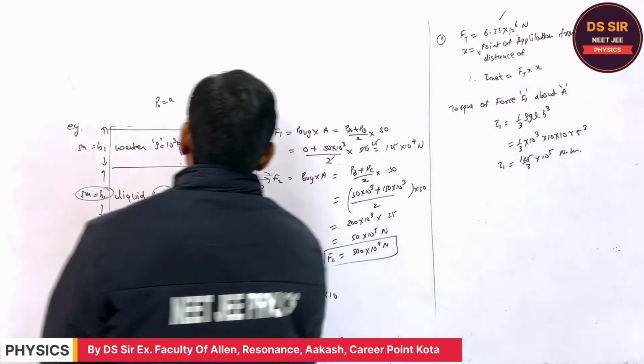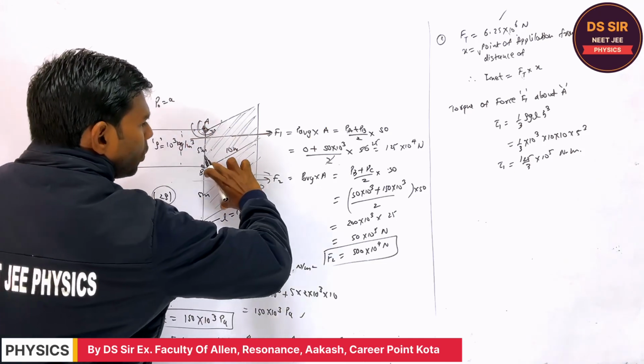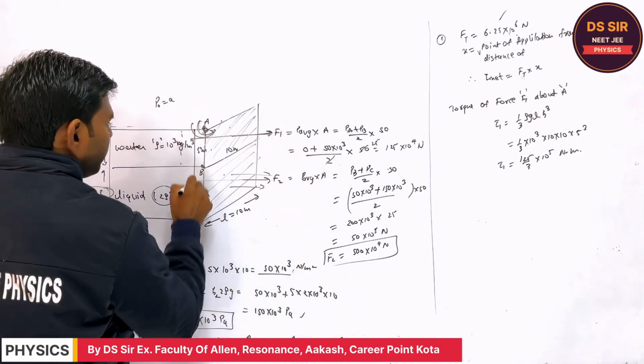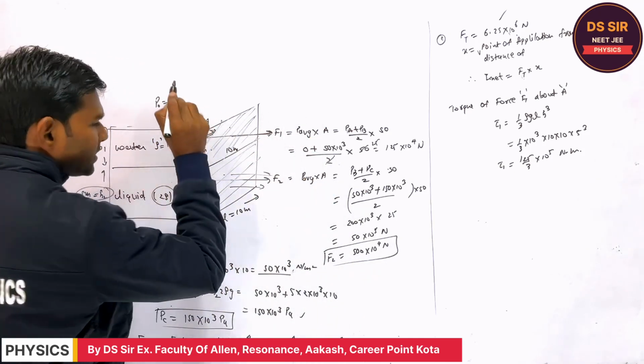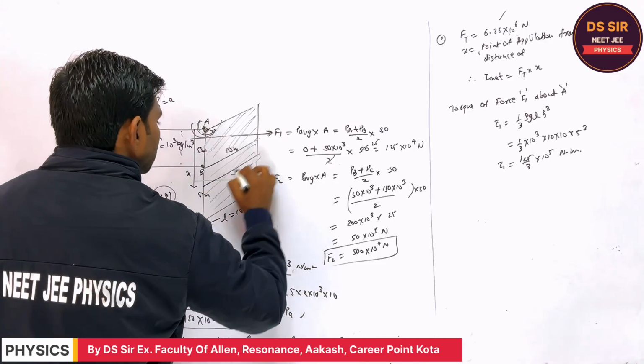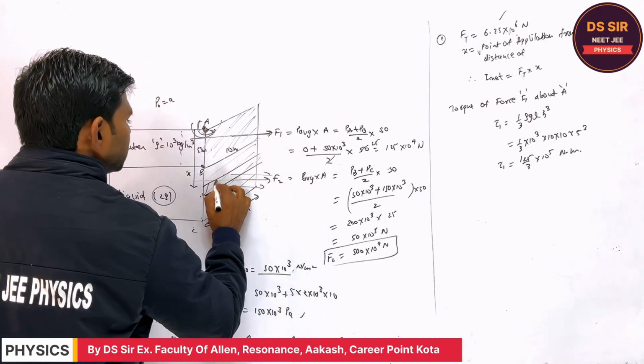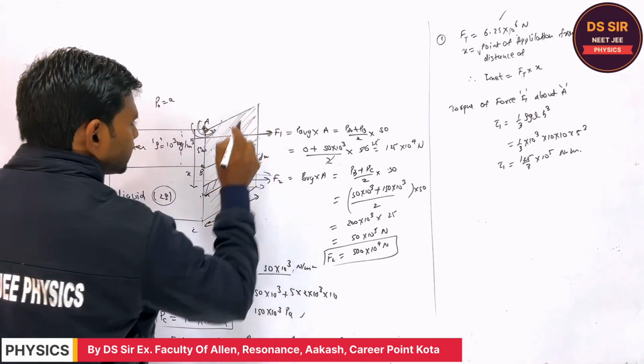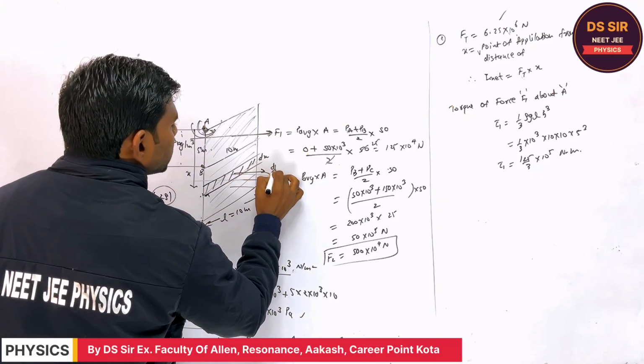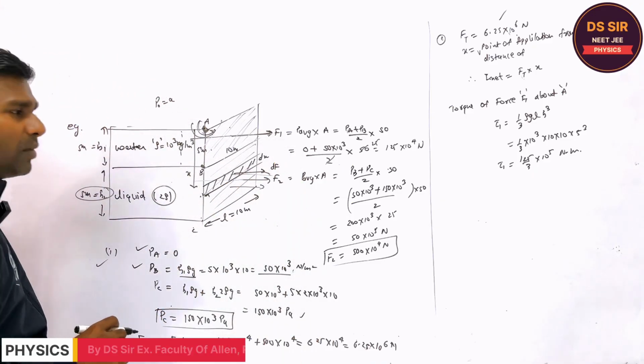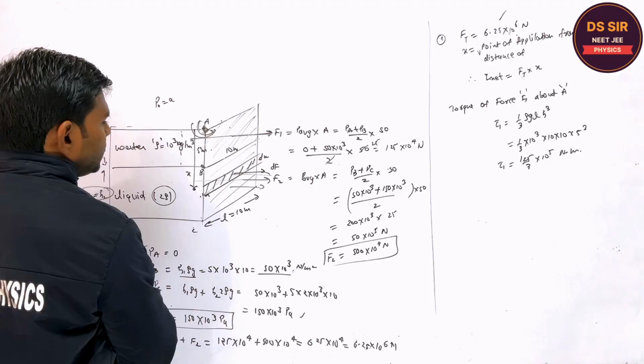To find the torque about A on this face, I will assume a distance x, and the width of the strip is dx. So what is the force df acting over here? What is the pressure at this point?